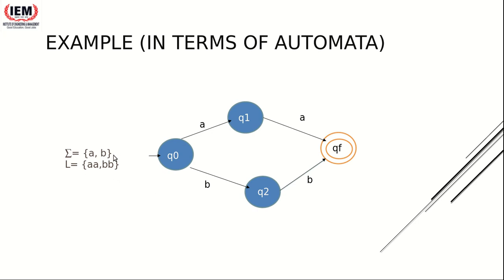Again, BB, you go to the final state, which means BB is getting accepted by this automata. So we can conclude that this is a correct finite automata for the language AA, comma, BB. Now this was a very simple example. As we move on with our lectures, we will see many complex automata designs, but just to make the thing clear to you, this is how we relate the language to automata.